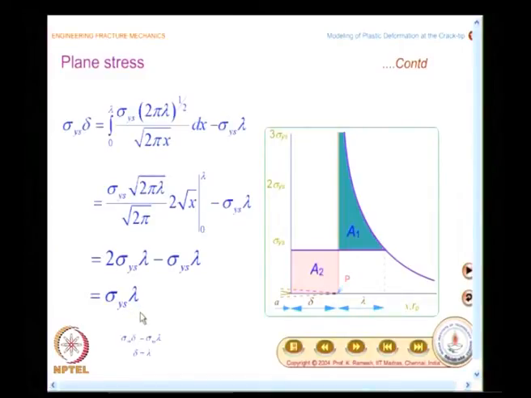So, this gives you a final expression, delta equal to lambda. So, what you are really looking at is you estimated lambda based on simplistic calculation, and you find the actual plastic zone because of redistribution is much larger.